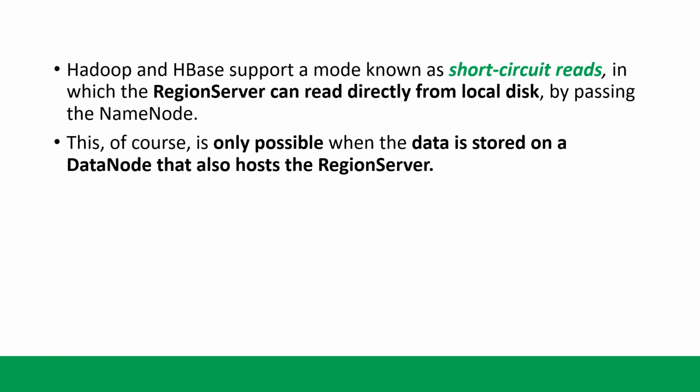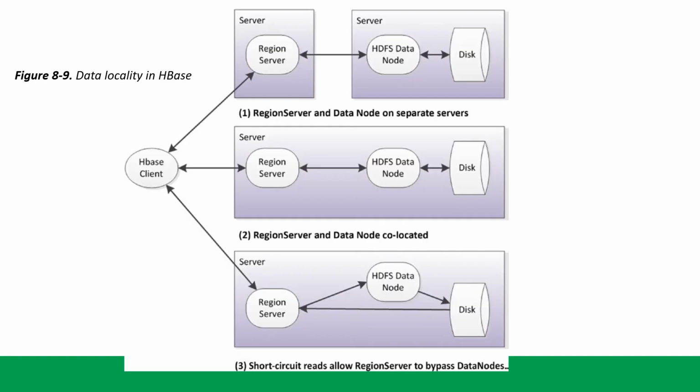Hadoop and HBase support a mode known as short circuit reads, in which region servers can read directly from the local disk bypassing the name node. This figure indicates the data locality in HBase. The three levels of data locality are shown in the figure.